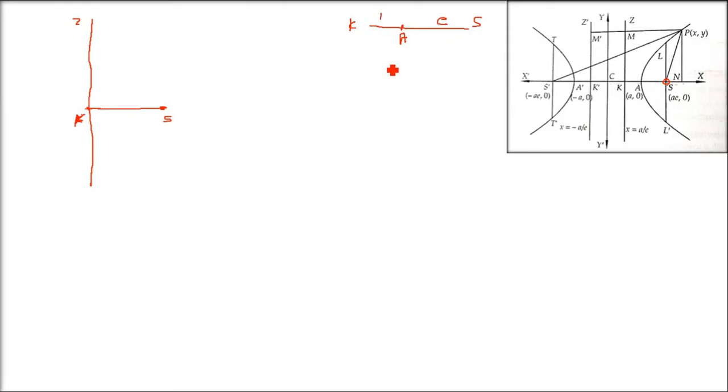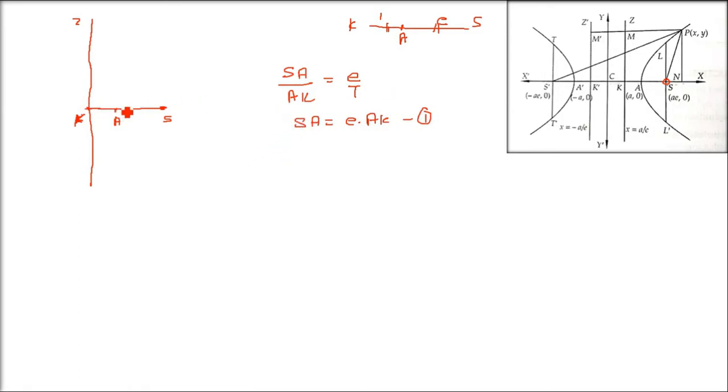A is dividing the line KS internally, so the point A is internal to the SK line. So SA by AK is equal to E divided by 1. Cross multiply: SA equals E times AK. This is equation number 1. We are going to use it.